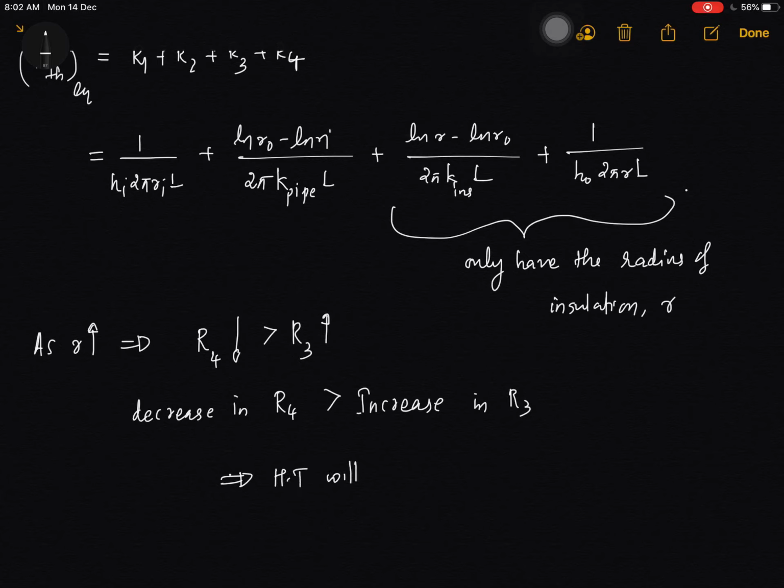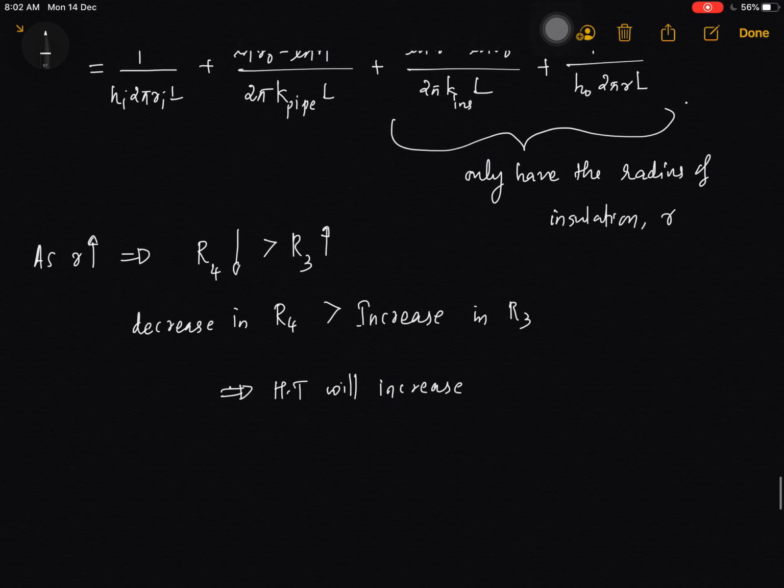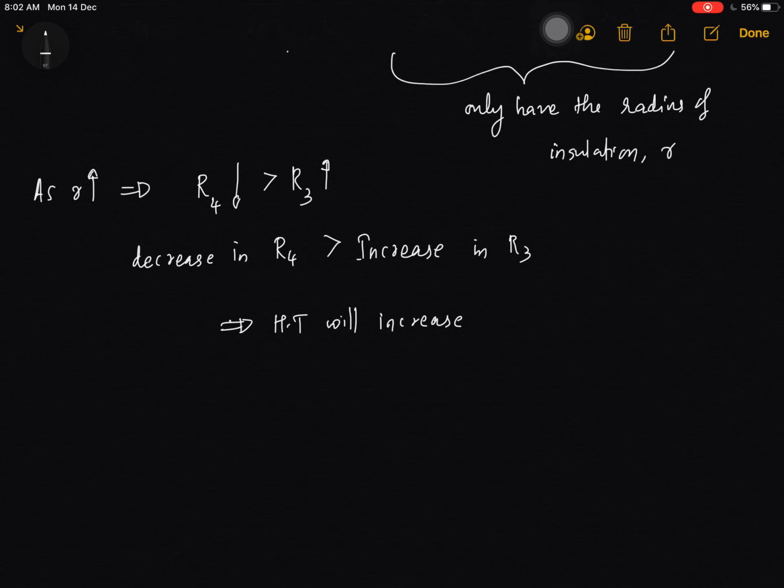In effect, heat transfer will increase. So as the radius of insulation increases, instead of reducing the heat loss, it will cause an increase in heat loss.